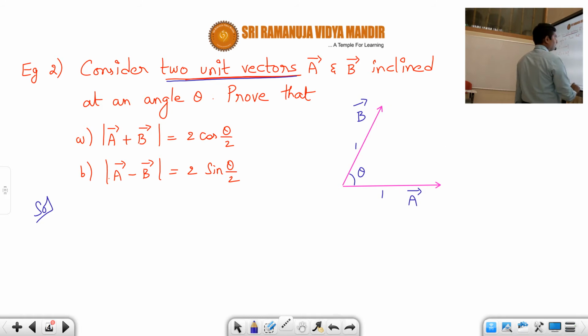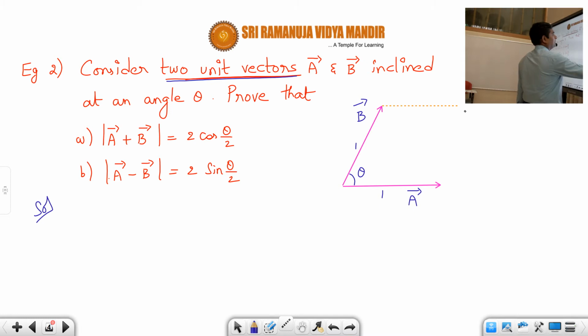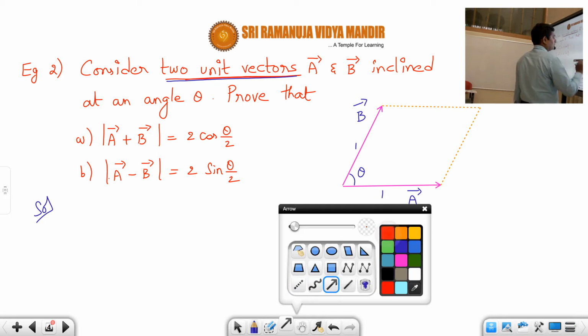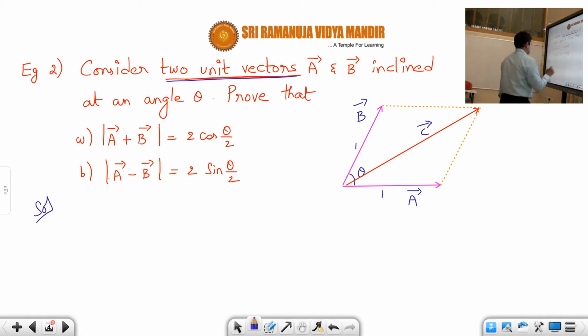If you complete the parallelogram like this, students, and then draw the diagonal, that is called the resultant of a bar plus b bar, students. Okay, suppose let us say this is called c bar. So first we'll write c bar is equal to a bar plus b bar.